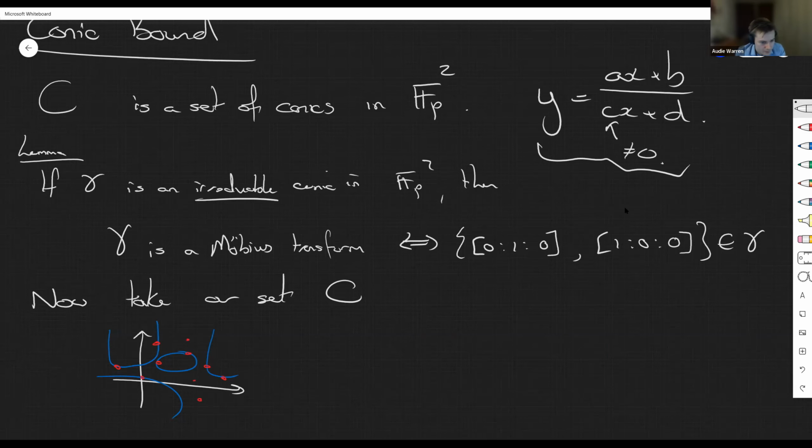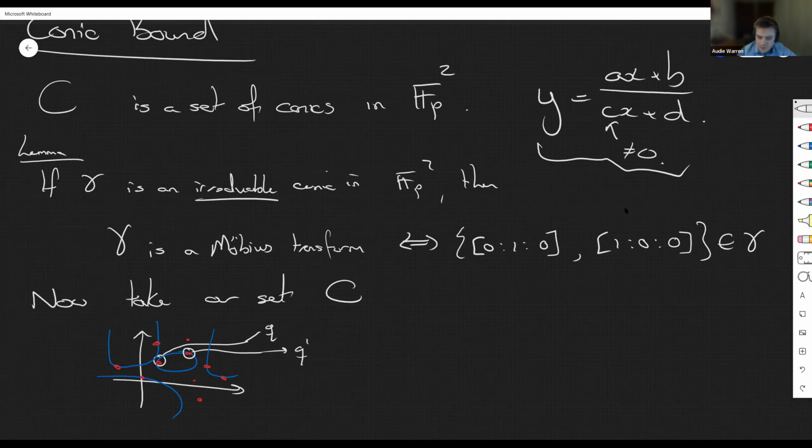I want to pick these in a specific way. Let's pick this one and this one. Let's call them Q1 and Q2. No, let's not. Well, these things already have names. Let's call this Q and Q prime. Okay.